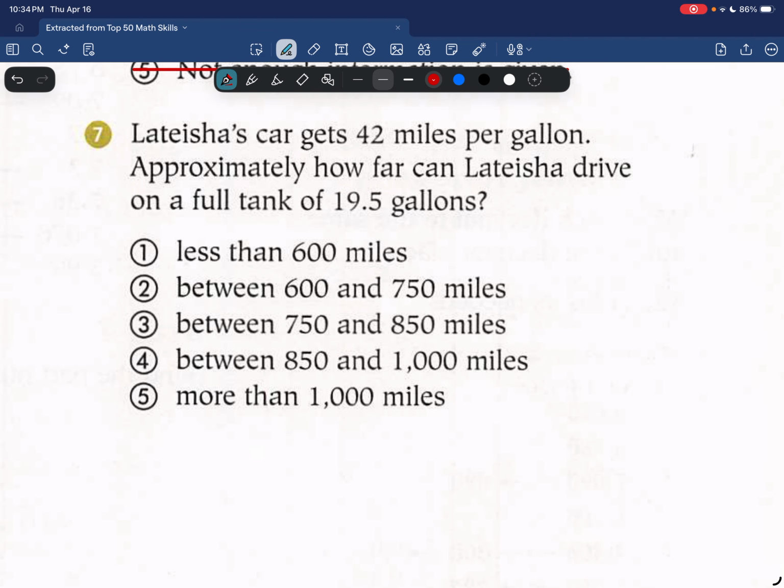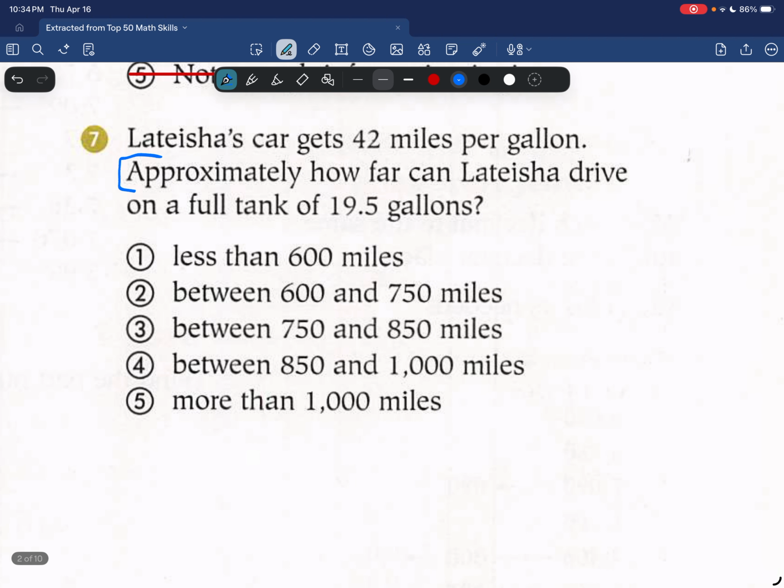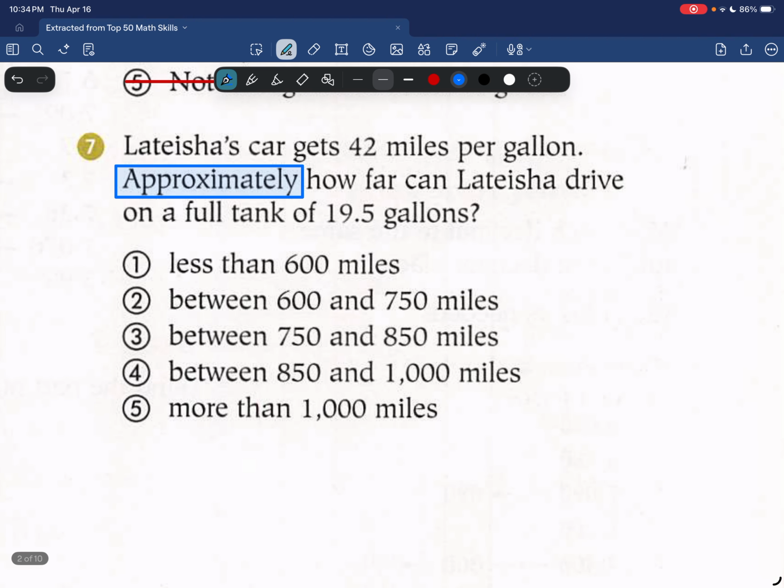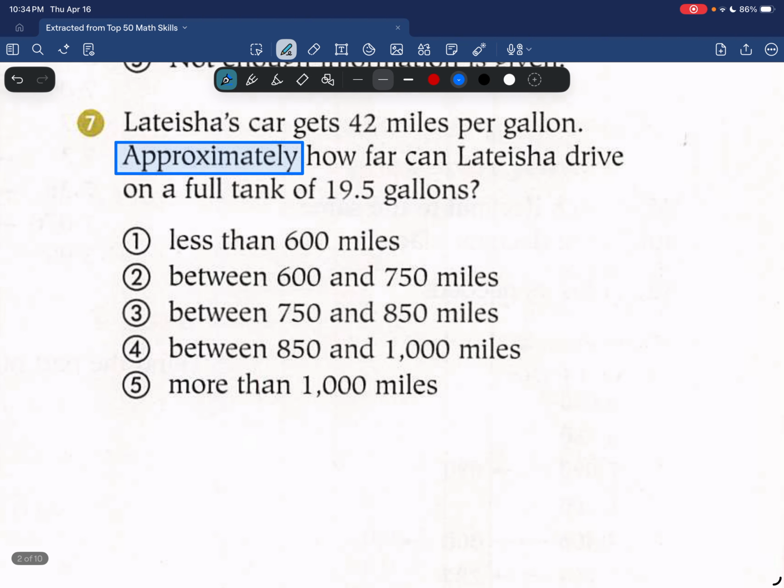They threw in the word approximately. So that tells me that I can round to get an approximation. I like that because that means I don't have to do long calculations. Notice the calculator icon is gone here. So on the GED test, you would not have a calculator.